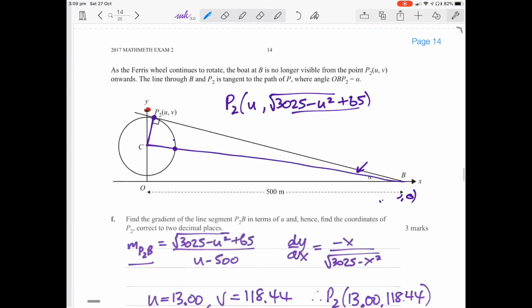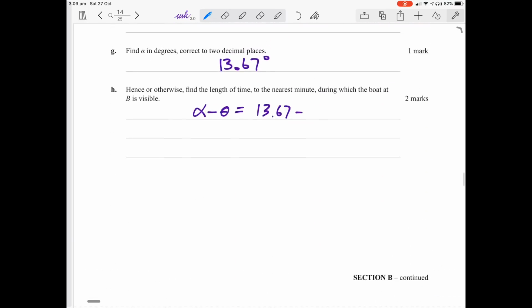So if that's 90 and that's 6.26, then that one's going to be 90 minus 6.26.